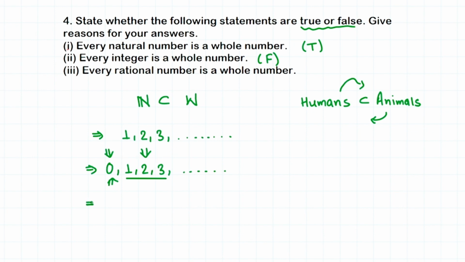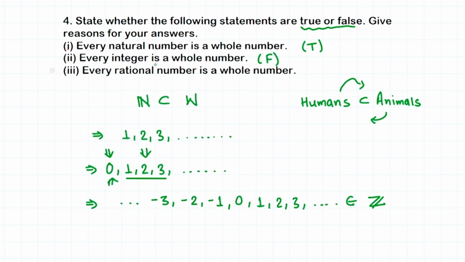Now, if you include the negative natural numbers, which is going to be ..., -3, -2, -1, 0, 1, 2, 3, ..., okay? If you include the negative natural numbers in the whole numbers, then you get the set of integers, okay? So this is the set of all integers, okay?